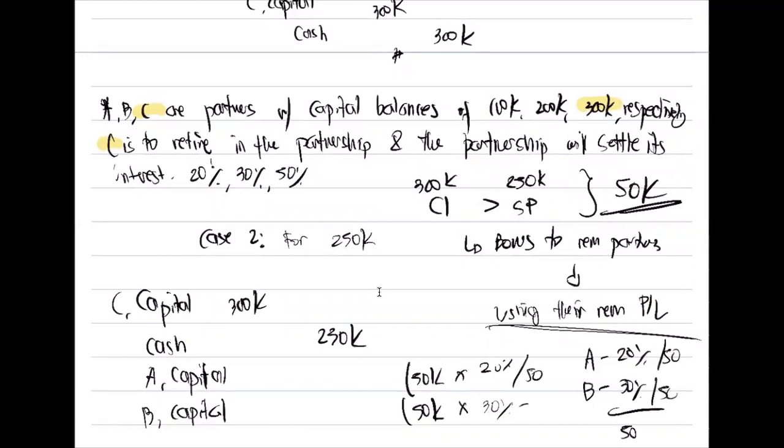That is what we will do. Since only A and B remain, if you total their interest, it will no longer be 100%. So you just take their ratio, 20 over 50 and 30 over 50. So how much is the share of A? 20,000. B, 30,000. So again, if the capital interest is greater than the settlement price, it is a bonus to remaining partners.